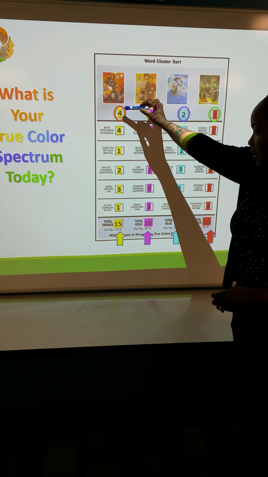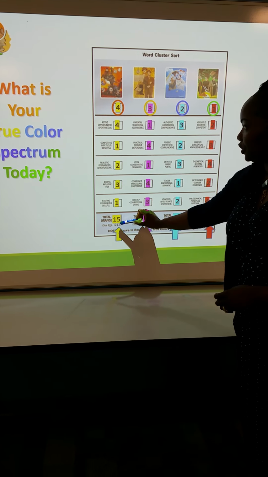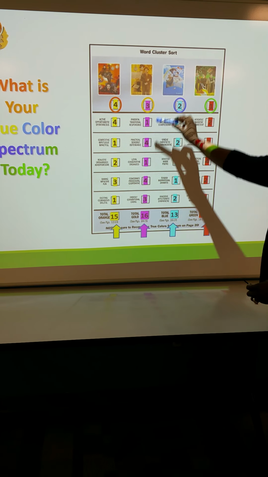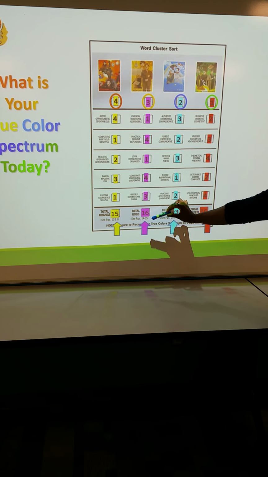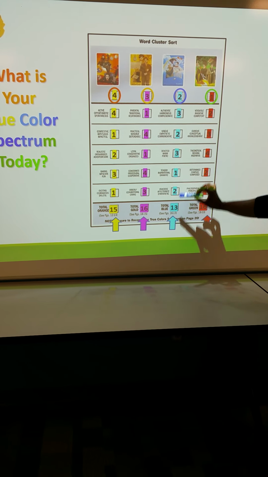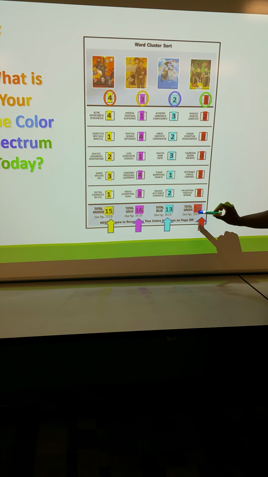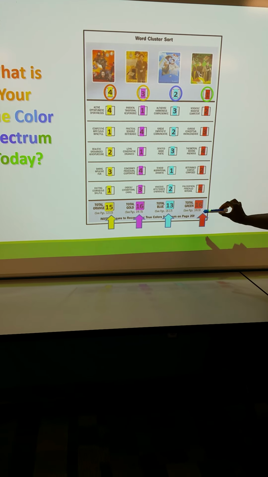As you can see, for the total orange, this is 15 because of how this has been added. Total gold would be 16 because it was added all the way down. Total blue, 13 because of how this is added. And then total green because of how this is added.